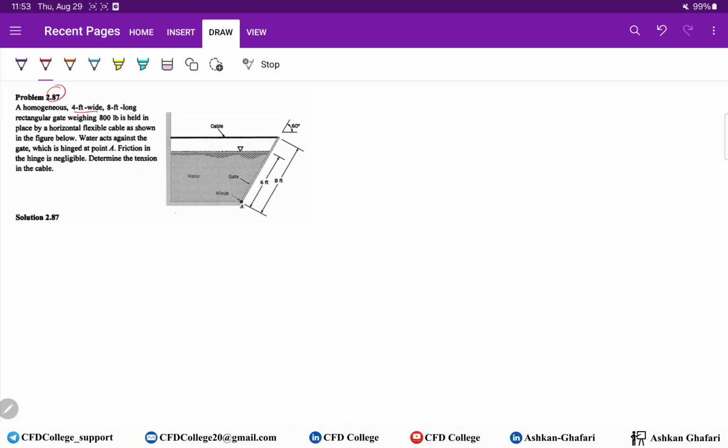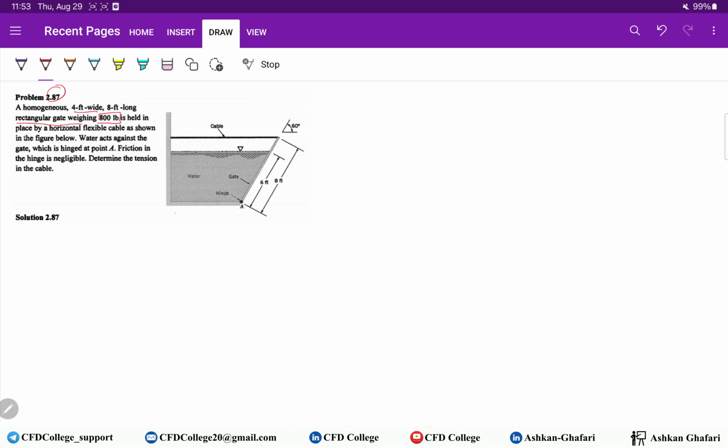This is a 4 feet wide, 8 feet long rectangular gate, the simplest type of gate, weighing 800 pounds. So we cannot neglect the weight of this gate.